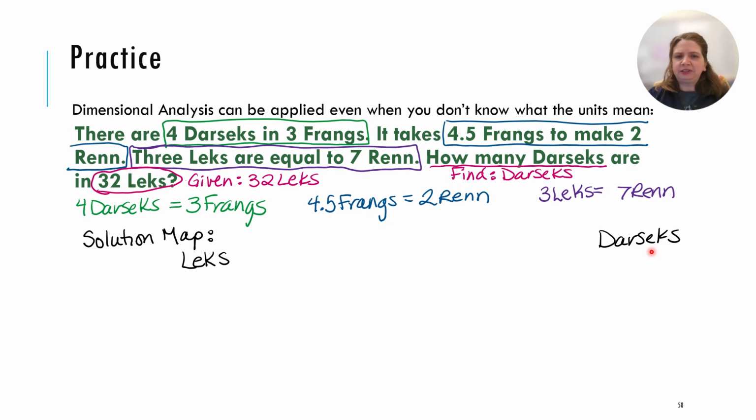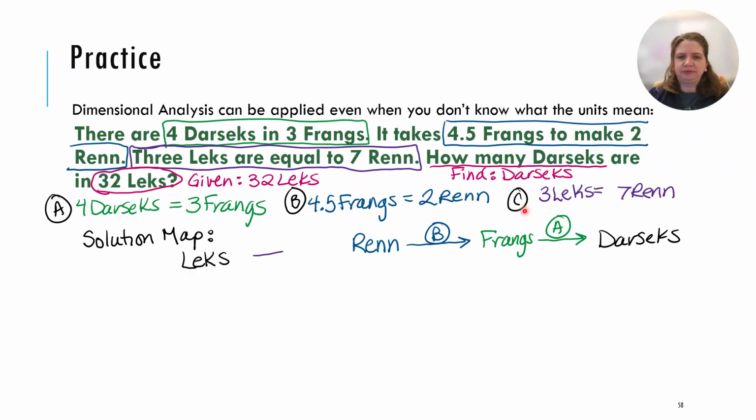I can get into darsecs from francs. I can get into francs from ren. And lastly, ren relates to leks. My final solution map is leks to ren to francs to darsecs.